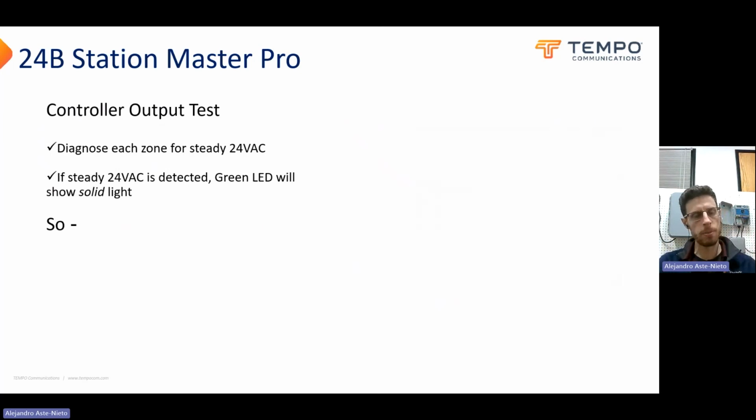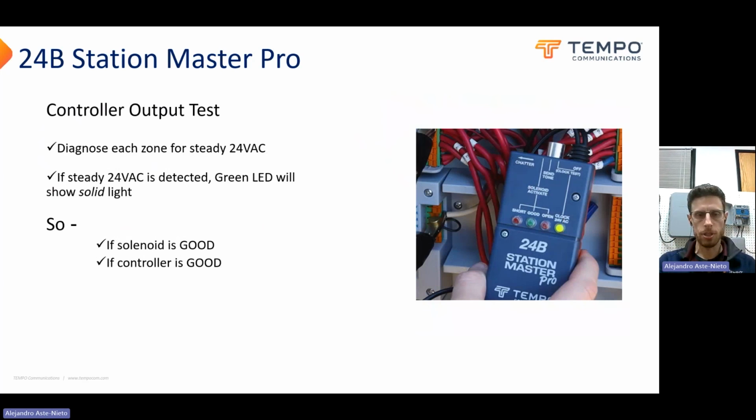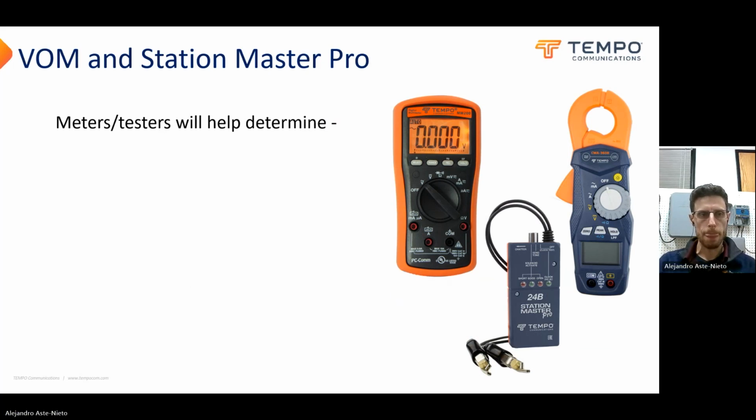So again, we are eliminating possibilities. If your solenoid is good, if your controller is good, if your wiring is good, then the problem is somewhere else: master valve, ball valve, hydraulic problem, diaphragm, rain sensor.